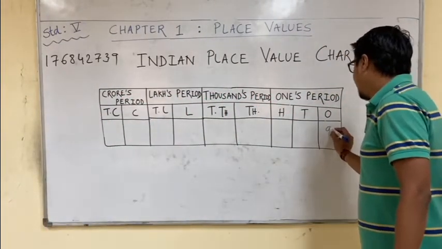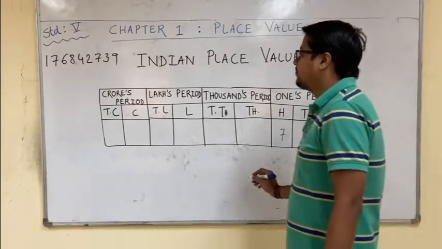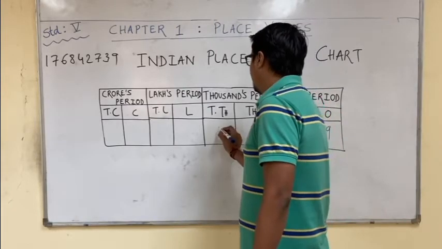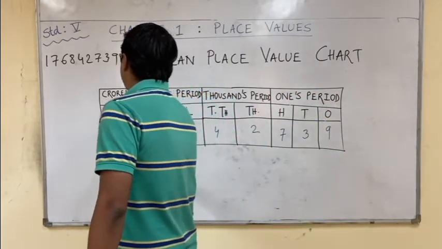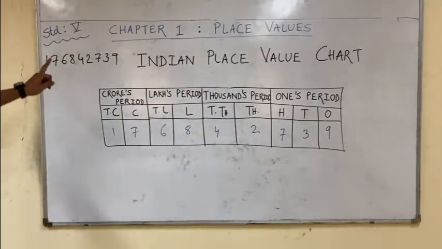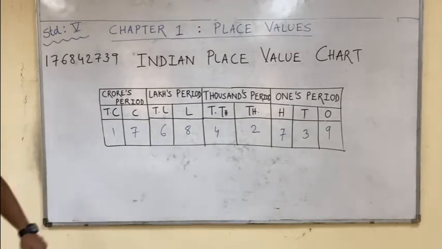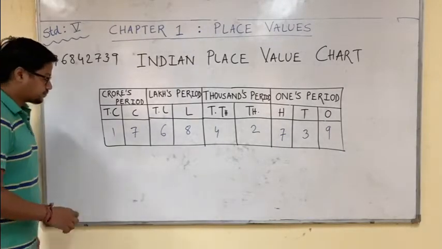Okay, so 9, 3, 7, 2, 4, 8, 6, 7, 1. So this is how you will represent any given number in Indian place value chart. This is not the end. We have to write down the number name also. So how we are writing? Just pay attention.